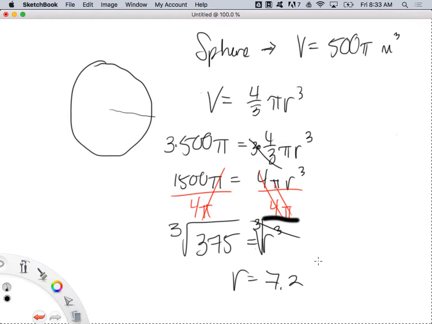Oh, you do 375 second, this one, 3. That gives you the cube root. You do 375 second. That makes sense? You do 3 second, this one. See? You do cube root. Yeah.